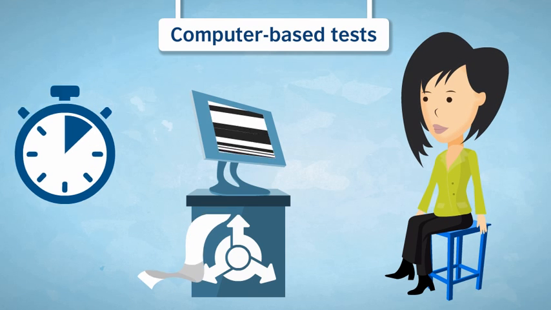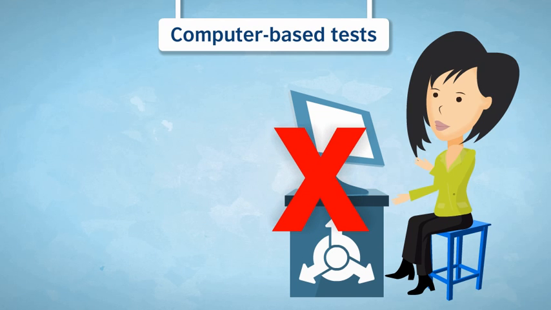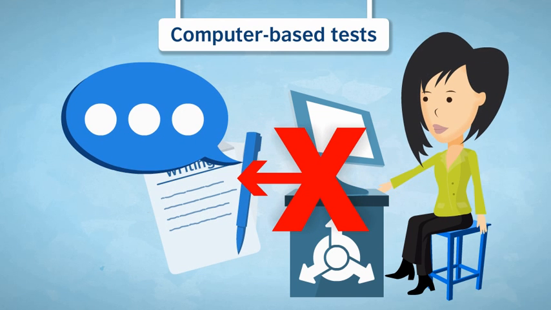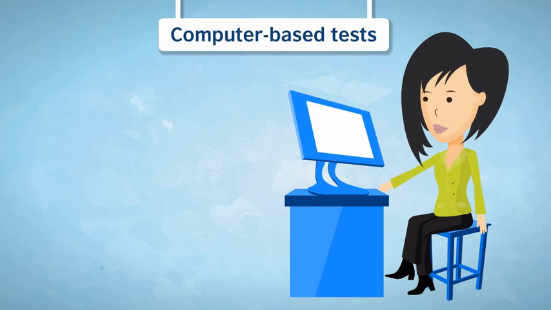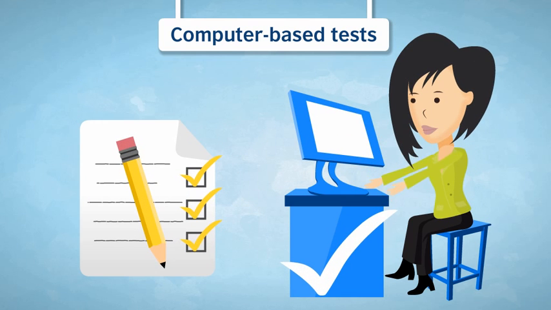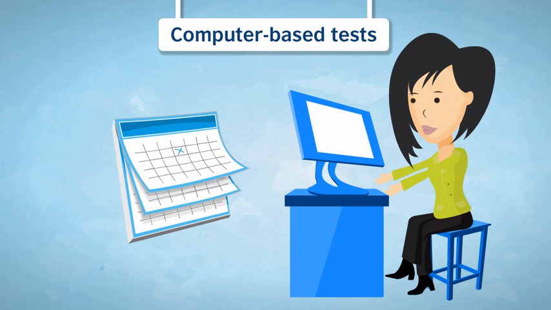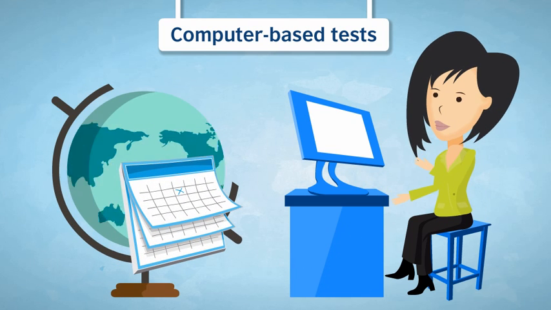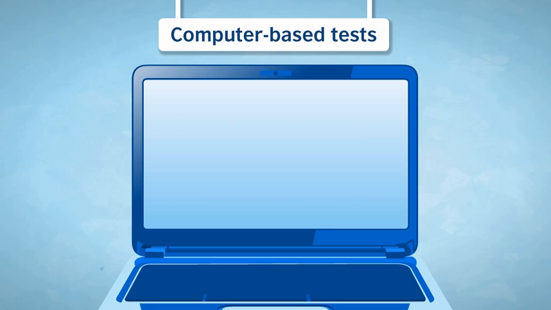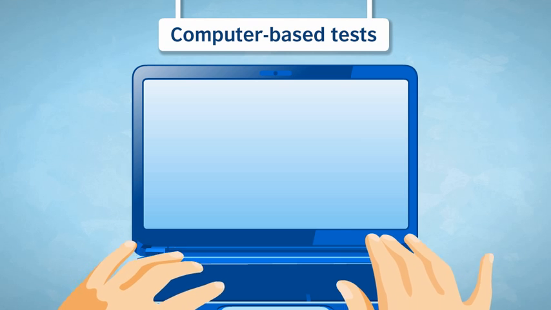Although they're efficient, computer adaptive tests aren't particularly useful for assessing performances of writing and speaking. But non-adaptive computer-based tests have a lot of advantages over pencil and paper tests, especially if they can be offered when and wherever a test taker chooses. They can include question formats that can't be offered in traditional pencil and paper tests.